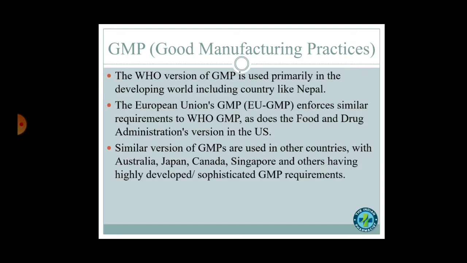The European Union GMP enforces similar requirements to WHO GMP, as does the FDA version in the US. Similar versions of the GMPs are used in other countries like Australia, Japan, Canada, Singapore, and others having highly developed or sophisticated GMP requirements.